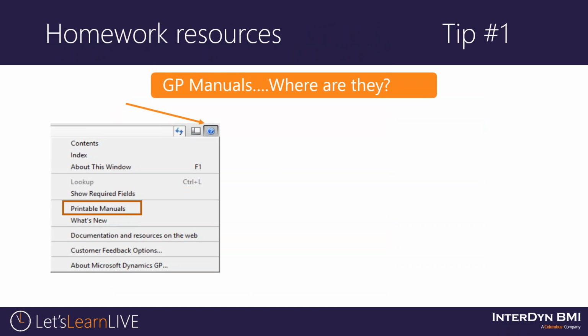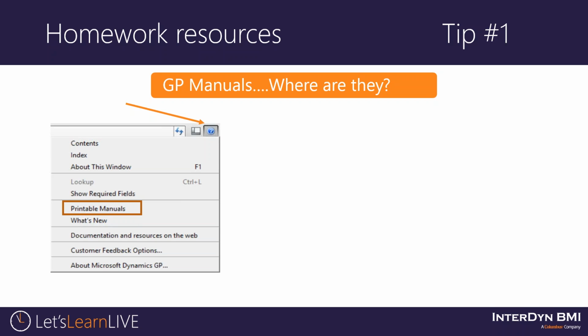Tip number 1. You may remember as a child your parents saying, do your homework. Well, this homework assignment gives you the crib notes so that you can take it with you and refer back to as you progress through your GP experiences and show off to others with your newfound expertise. So our first reference here is how to find those GP manuals that may need to be referred to on occasion.